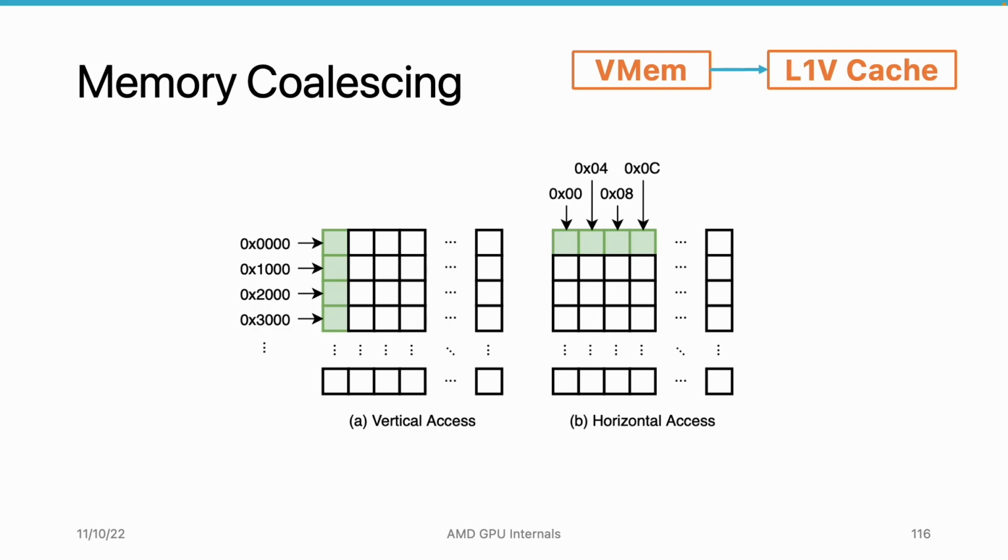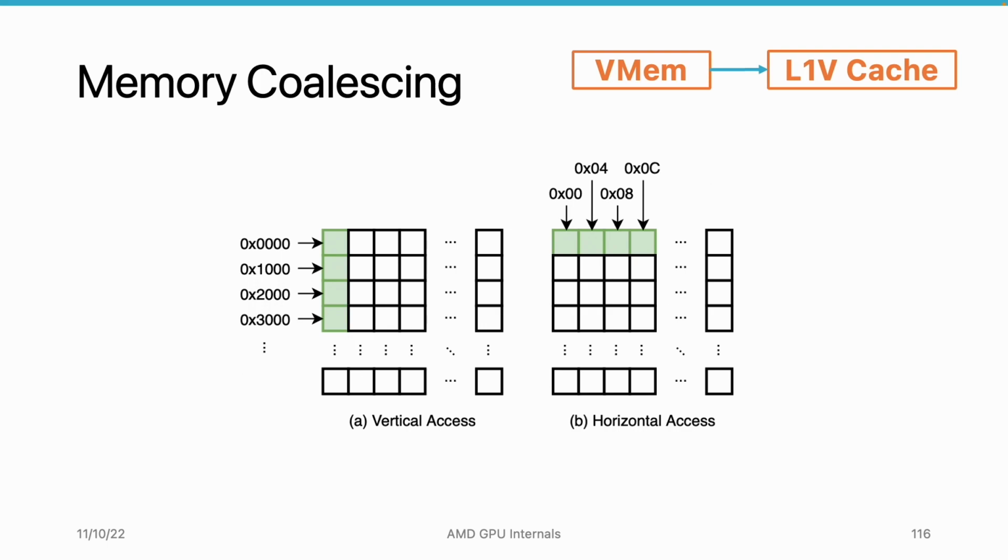If we want to access data horizontally, these 64 pieces of data may coalesce into 4 memory transactions. But if we access the data vertically, then the GPU has no way to coalesce the data, and we have to generate 64 memory transactions. That means vertical accesses are very likely to be much slower than horizontal accesses. We want to perform horizontal access rather than vertical access.